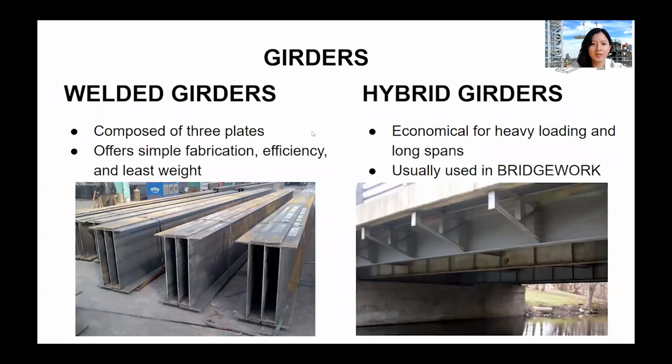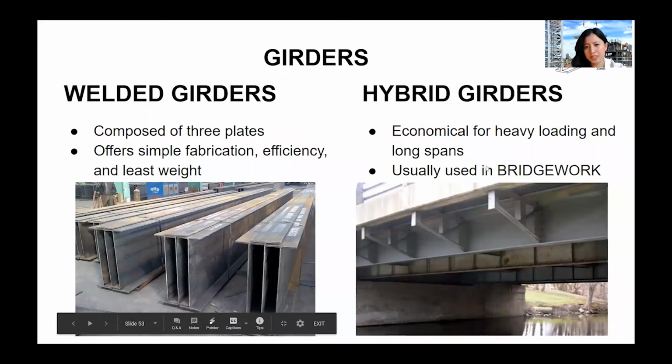Here are different types of girders. Welded girders. Welded girders are composed of 3 plates. They are easily fabricated and efficient. It is also lightweight compared to other girders. Second is the hybrid girder.